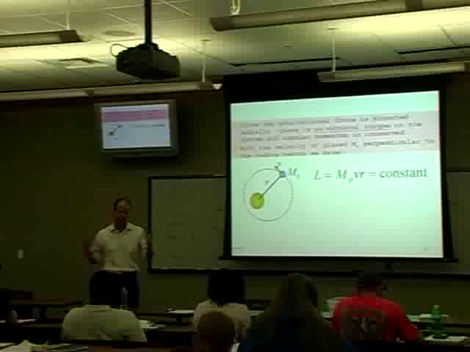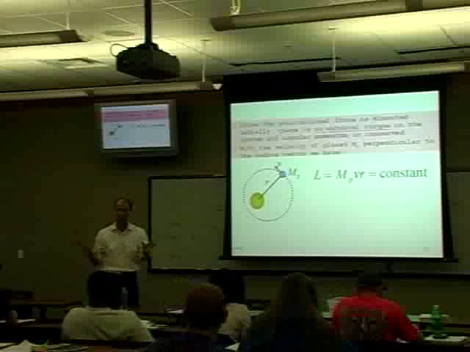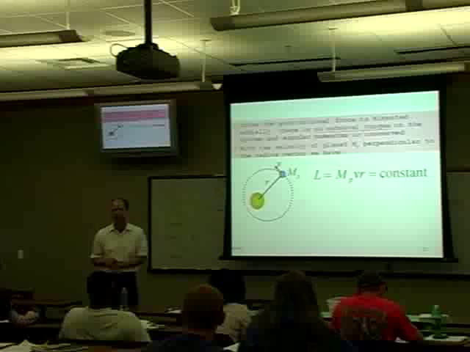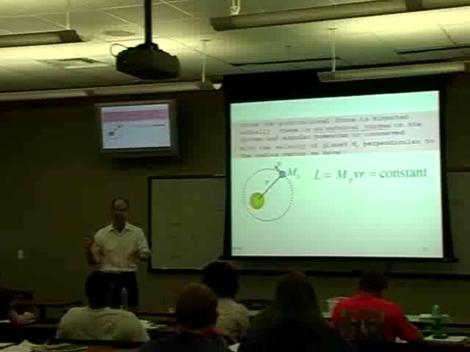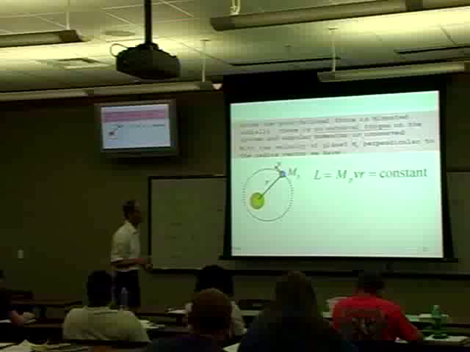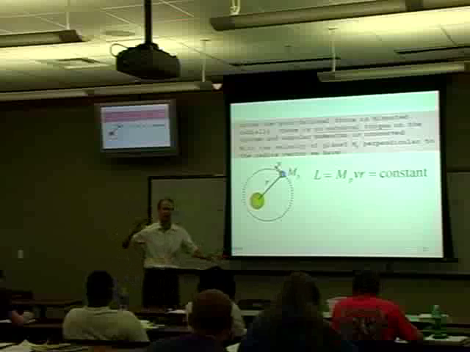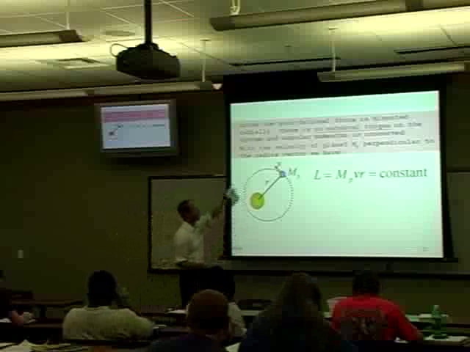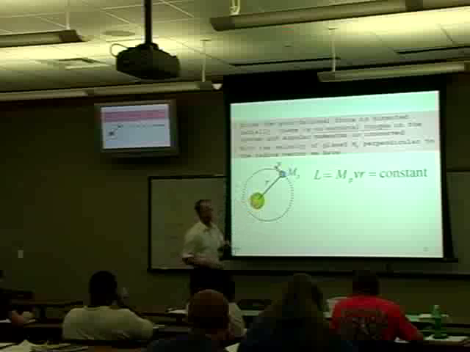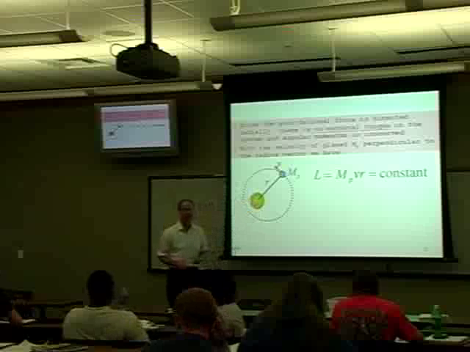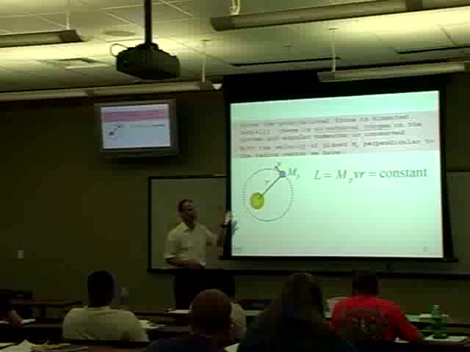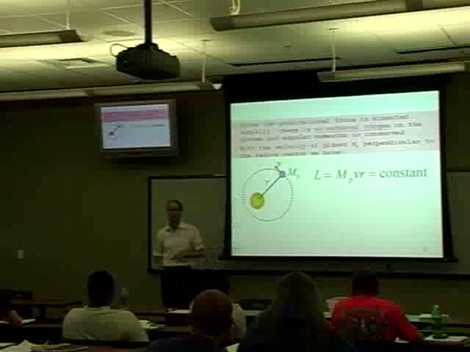And just saying that in linear momentum we saw that it could be conserved under certain conditions. Angular momentum is conserved as well. And angular momentum is linear momentum times radius. So if you have a planet going around the sun, it's got a certain amount of angular momentum that is conserved, and that is its mass times velocity times its radius at that point, mvr.